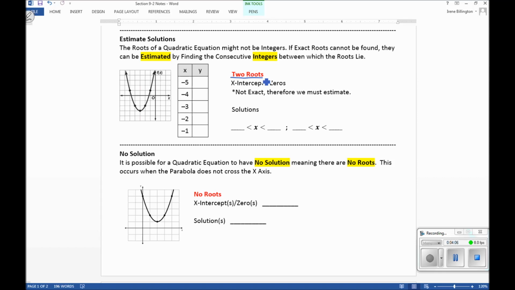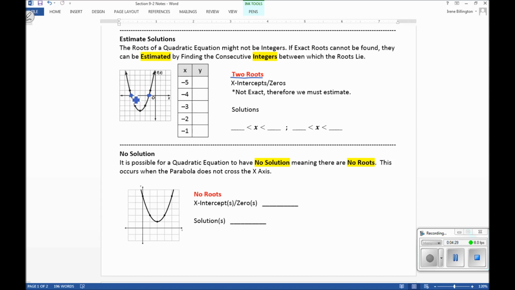To do this, we have to figure out where our parabola is crossing over the x-axis. I know that it's right here and right here, but I don't know exactly what that x value is. So we are going to make a table, and we're going to look at how the y value changes.